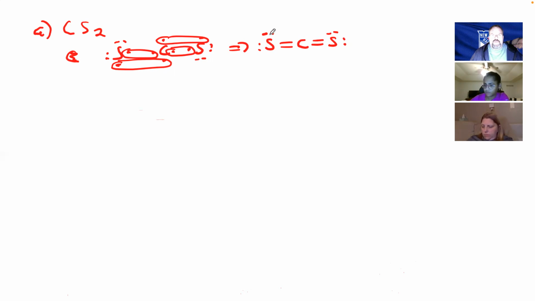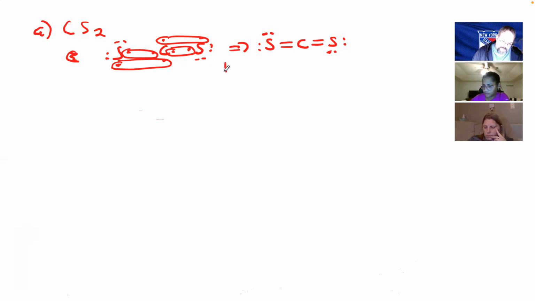Each sulfur has 2, 4, 6, 8. The carbon has, and I probably should have, let me just move these dots back to here to try to make it a little less confusing. So 2, 4, 6, 8, 2, 4, 6, 8, and the carbon has 2, 4, 6, 8.